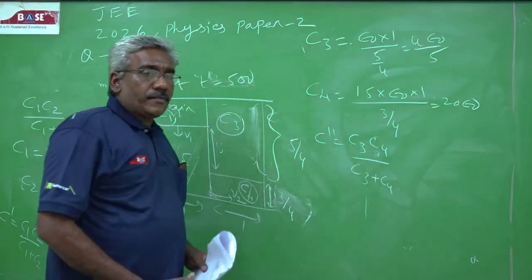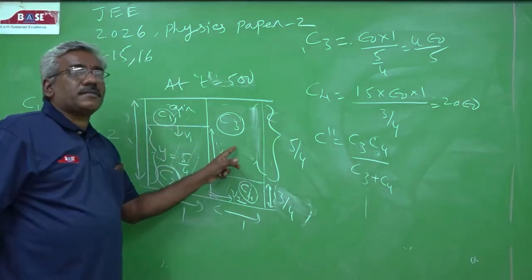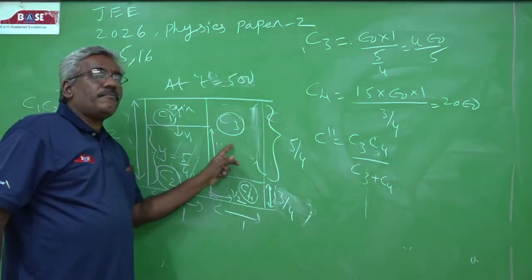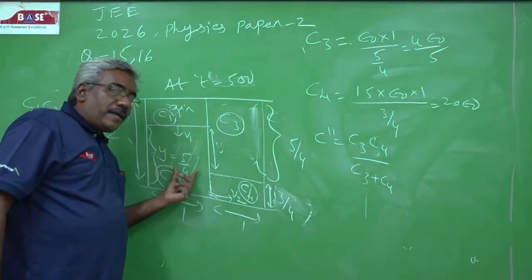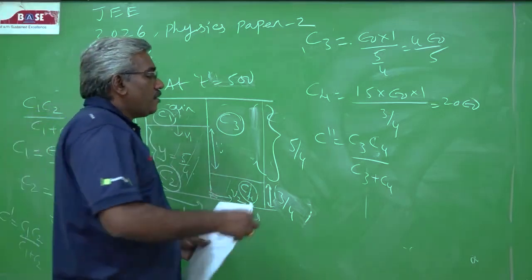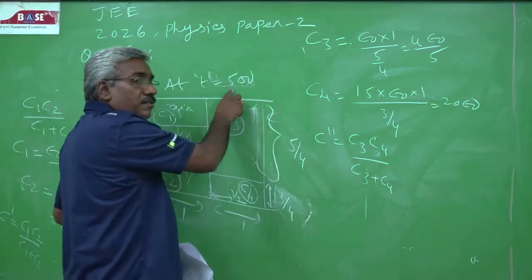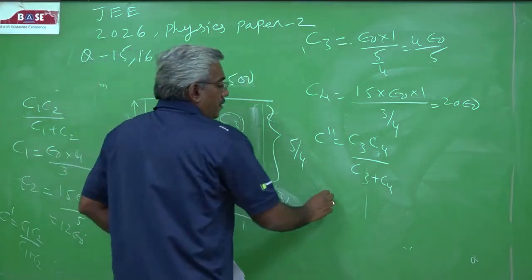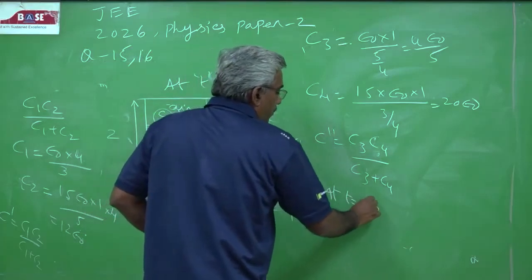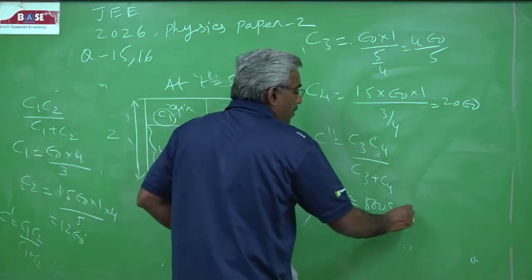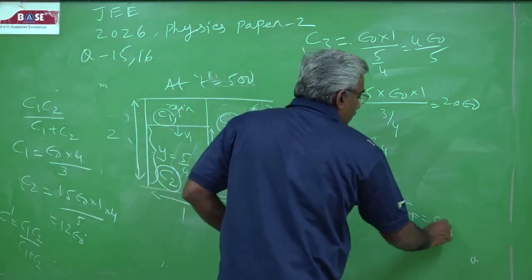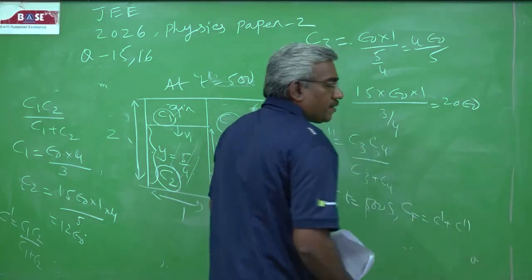Now this and this, they are in parallel, C dash and C double dash. So final capacity at t is equal to 500 second, final capacity C is C dash plus C double dash.